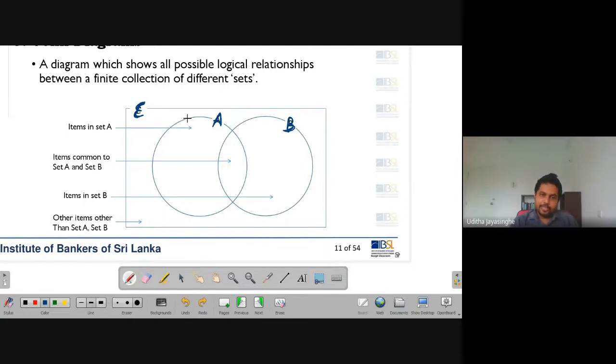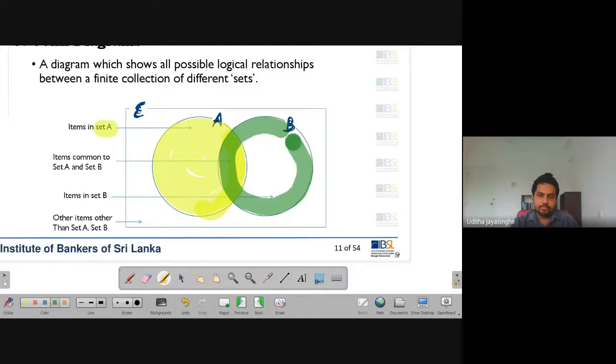If I highlight an area like this with a highlighter, this is the area that belongs to set A. And if I take another highlighter and highlight an area like this, this is the area which belongs to set B. And what about this particular area?